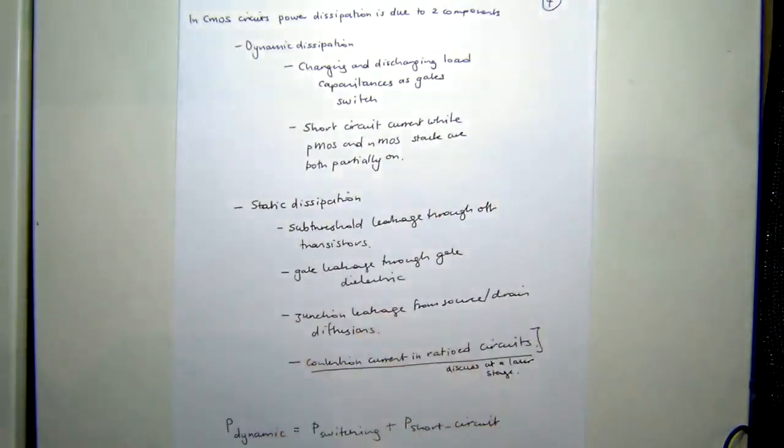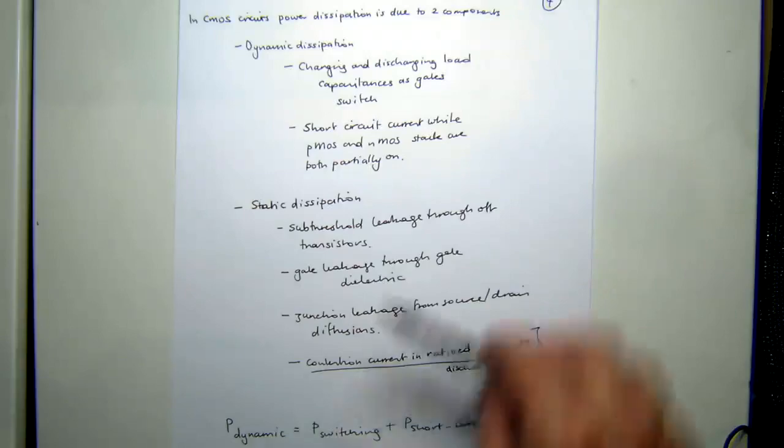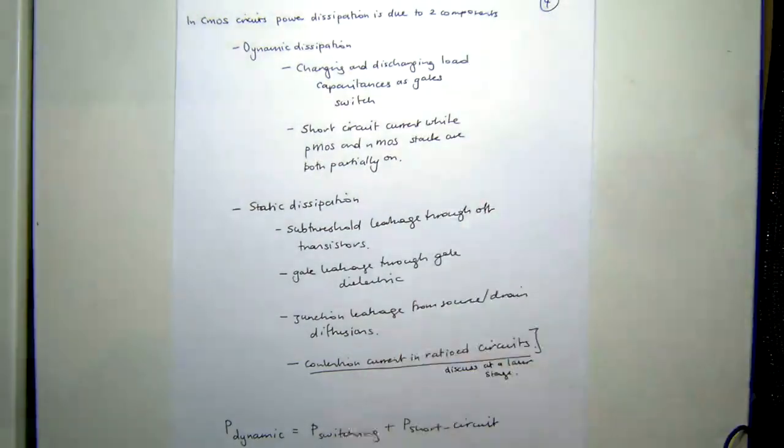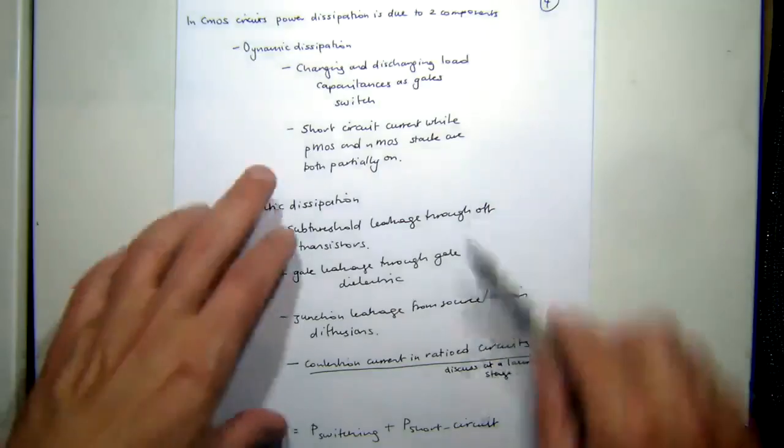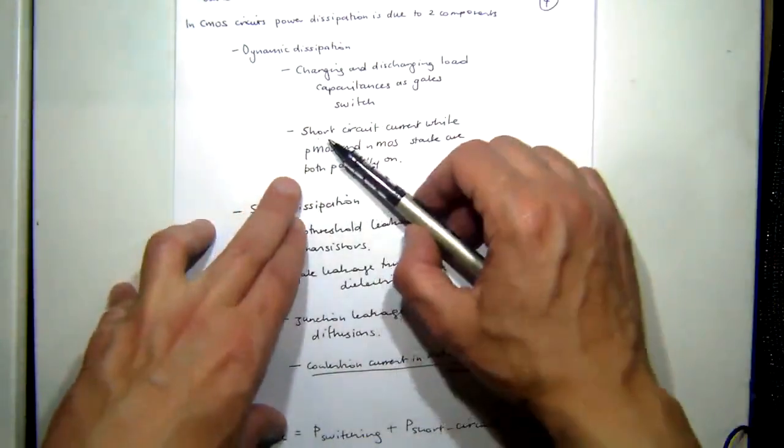The other thing that also contributes to dynamic power consumption is that in CMOS circuits, we're always making the assumption that the PMOS device is off when the NMOS device is on, and vice versa. That's not necessarily true. Sometimes there's a little time instant where both of those components might be on, and therefore you've got what we refer to as short circuit current.